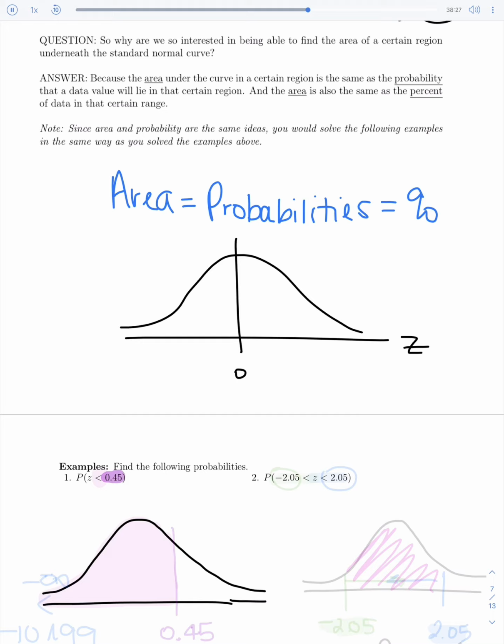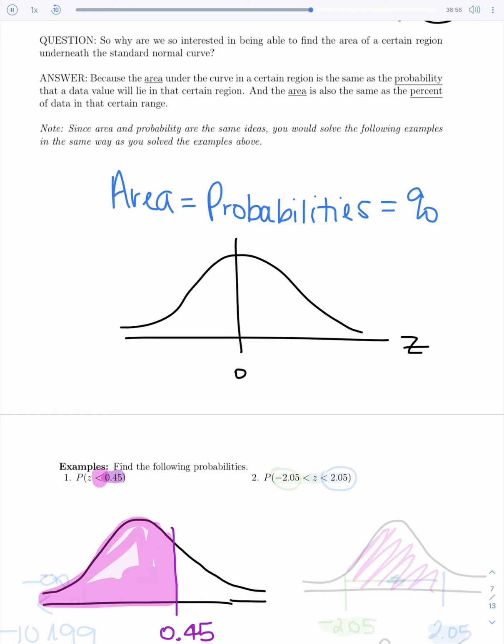That's the Z value we care about, which is a little bit bigger than 1. The question is, do I want the area to the left or the area to the right? Well, the fact that they gave me a less than tells me exactly what I want. I want an area to the left, because Z values that are less than 0.45 are all to the left. So this is what I want to find.